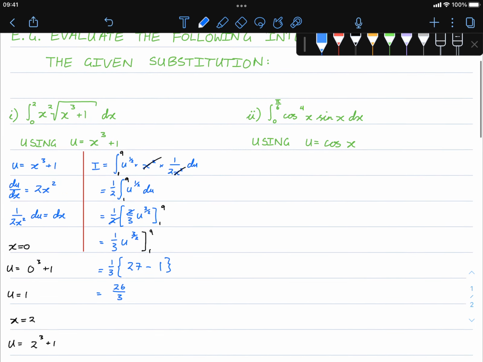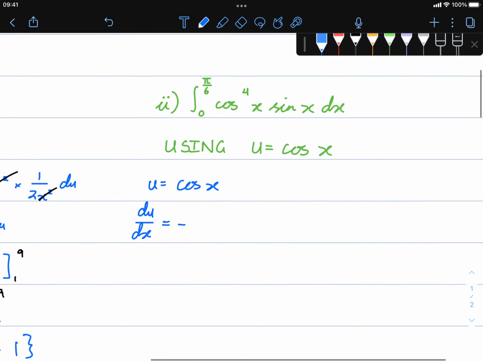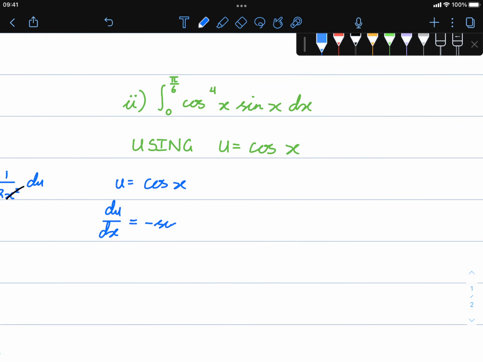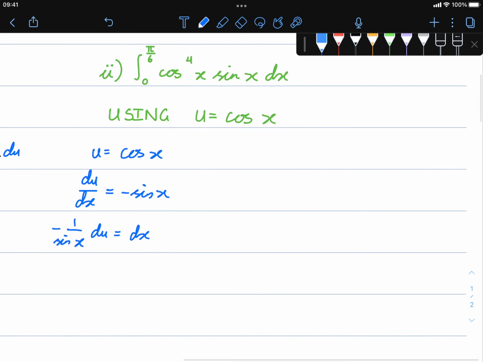So here we go. So we let u equal cosine of x, du on dx equals negative sine of x. So negative 1 on sine x du equals dx.